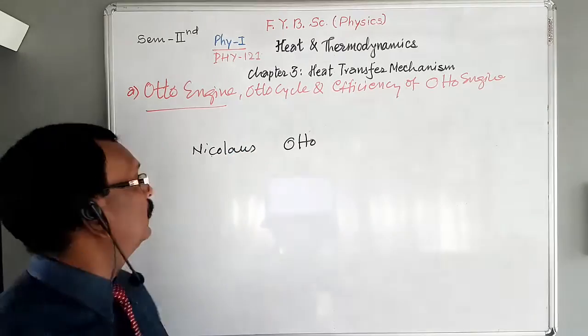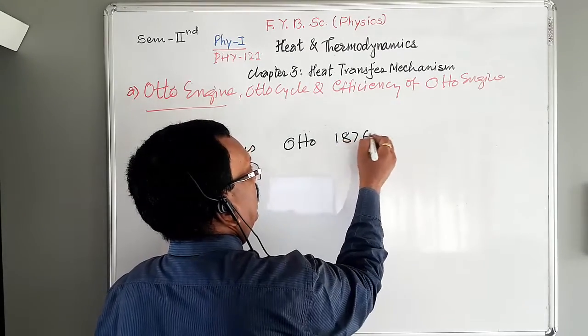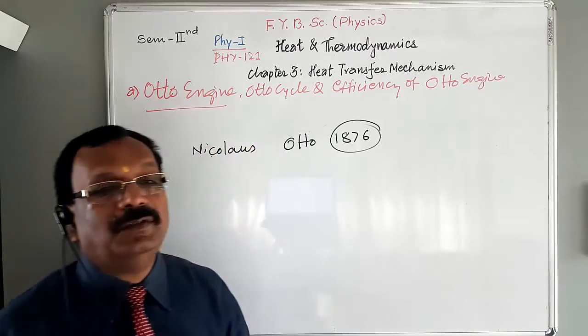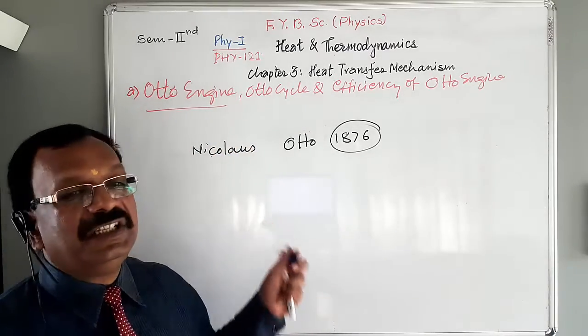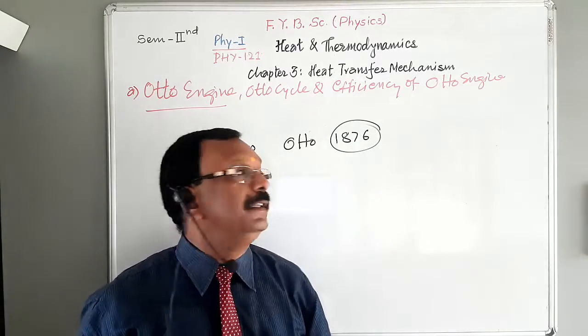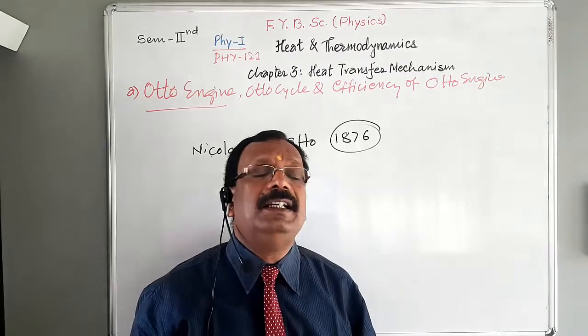An Otto engine was invented by a German engineer, Nicholas Otto, in 1876. This is the first practical heat engine. Remember that.